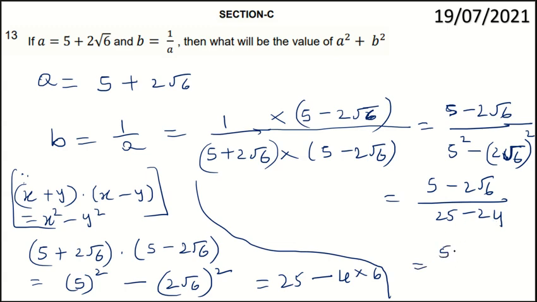So, 5 minus 2 root 6 upon 1. So, the value of b is 5 minus 2 root 6.